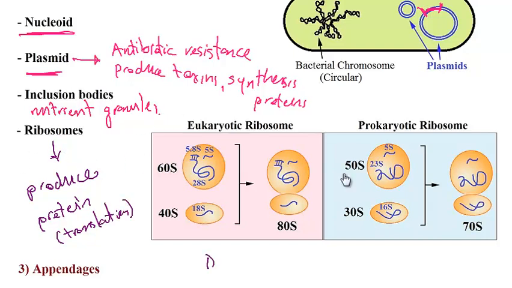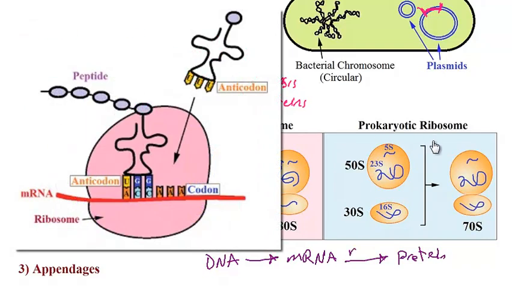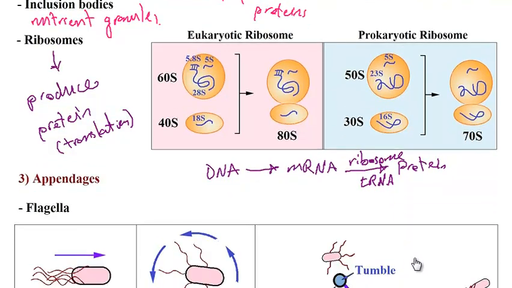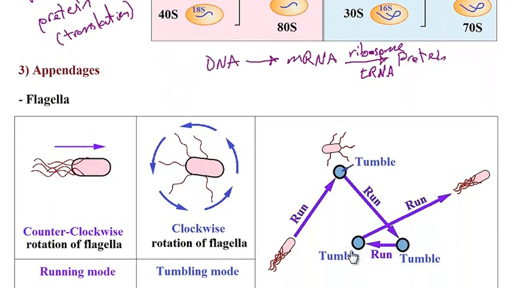You know how DNA can be transcribed into mRNA, and then mRNA is translated into protein. That's the job of the ribosome right here, with the help of the tRNA to form proteins from the code that is inside the mRNA.